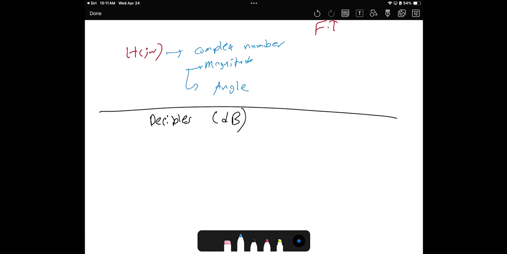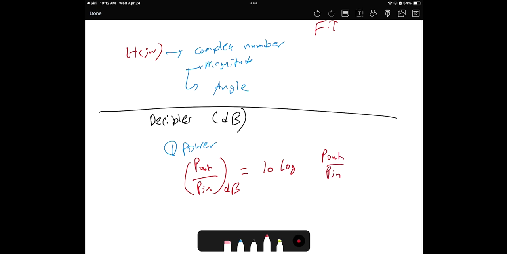The first one is for power. It is actually the ratio, as a transfer function, output over input. For the power, we can say P out over P in, in decibels, will be 10 log P out over P in.